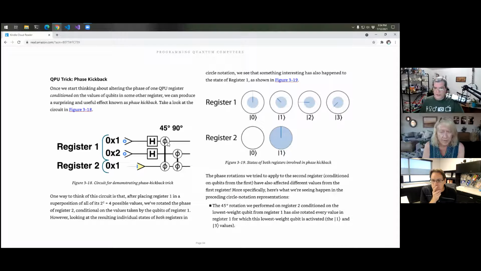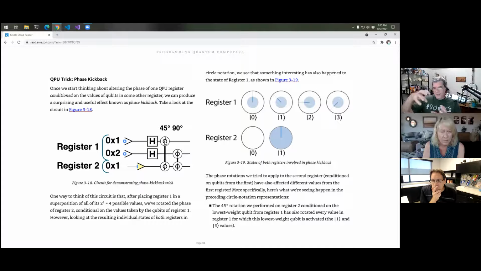Well, the conditional is qubit 0x1 a 0 or a 1? If it's a 0, don't rotate it. If it's a 1, rotate it. Okay. So this is a phase rotation conditional on what this is.